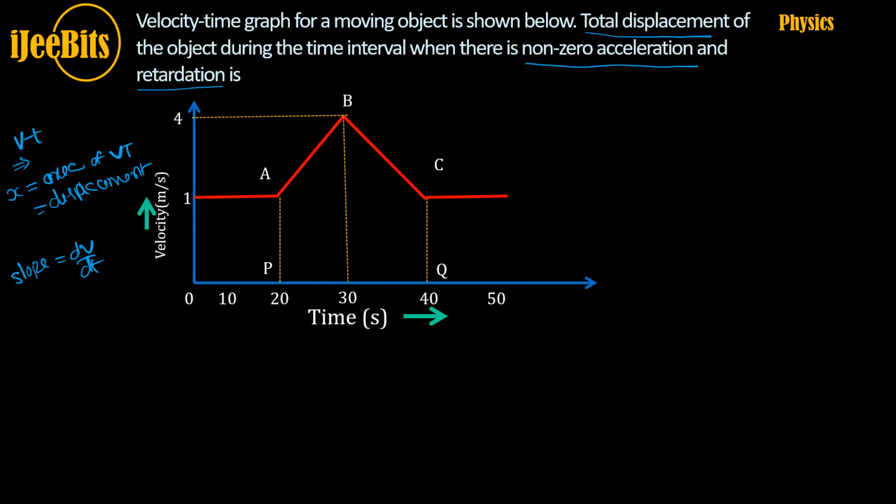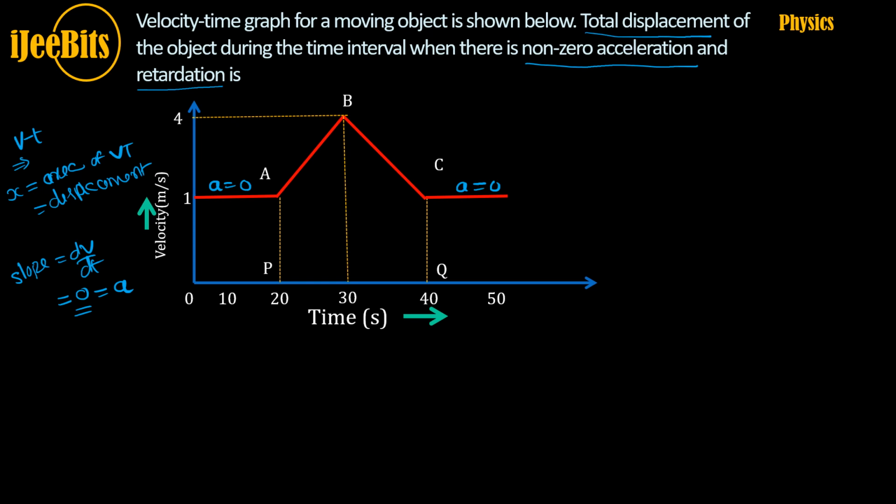When velocity is constant, slope would be 0, dv by dt is 0, right? For a constant, if you differentiate, the value will be 0, right? That's why slope is 0. It is also nothing but your acceleration. So acceleration is 0 here and here too. You agree?